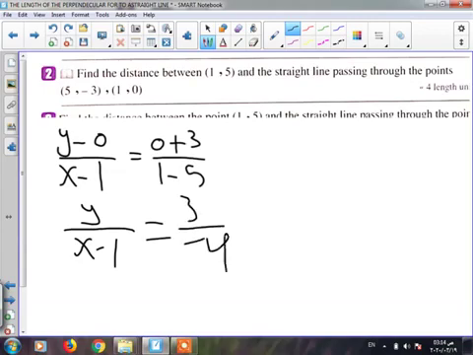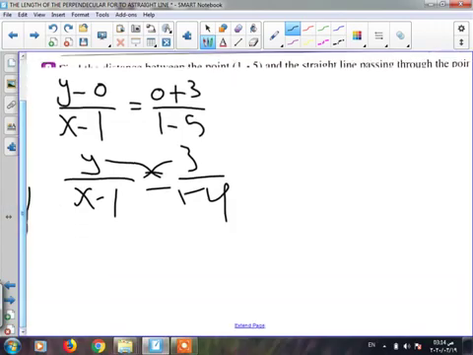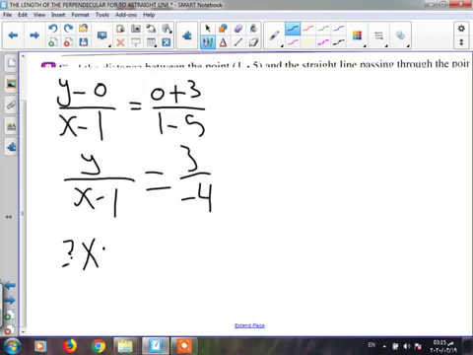In this case, we will multiply: 3x minus 3 equals negative 4y.